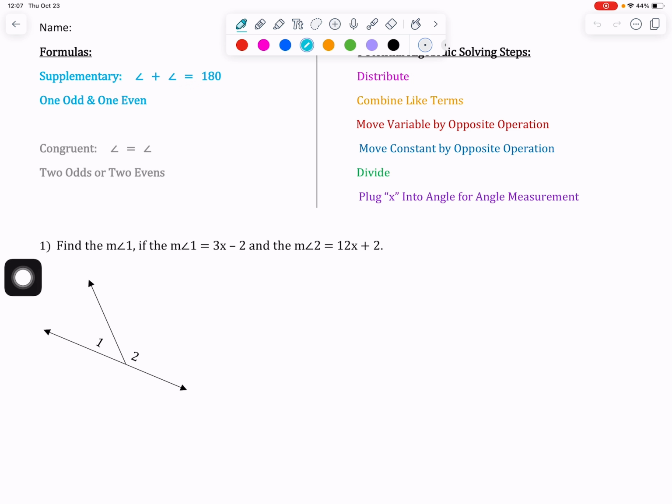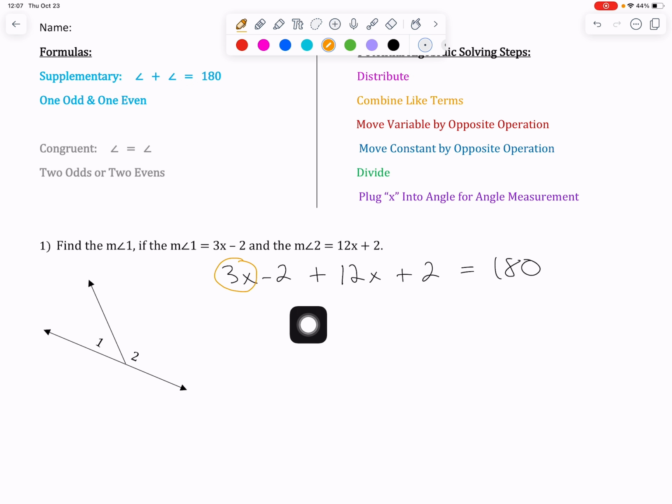So let's just go ahead and write that out. 3x minus 2 plus our other angle of 12x plus 2 equals 180. Well, we can't distribute. Can we combine like terms on this left side? Well, let's take a look.